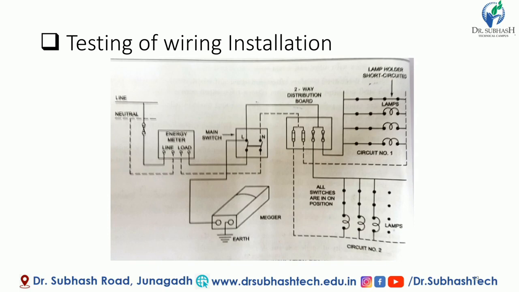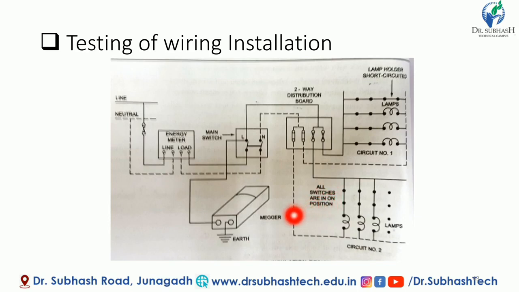You have to ensure that each and every terminal is connected to each other and the line is returned to the neutral path. Here you can see the line is connected to one switchboard, then the energy meter connection. It is incoming from the supply line and goes to the load, to the main switch, and from there to the two-way distribution board. One is circuit number 1 and the second is circuit number 2.